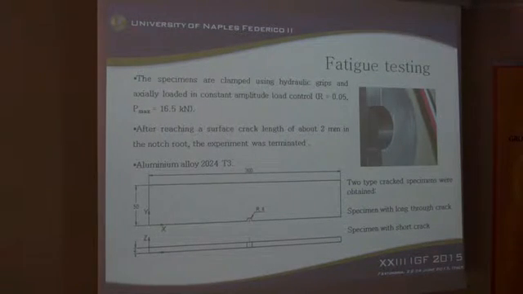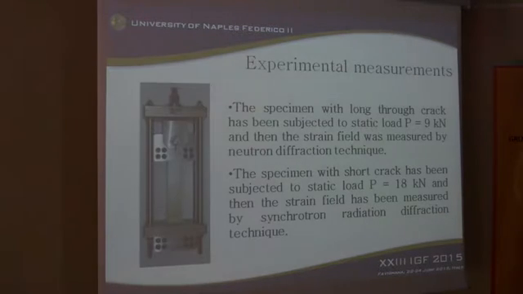The specimen was made of aluminum alloy 2024-T53 and the tests were stopped when the crack length at the notch root was about 2 millimeters. Two types of cracked specimens were obtained: a specimen with a long through crack and a specimen with a short crack.